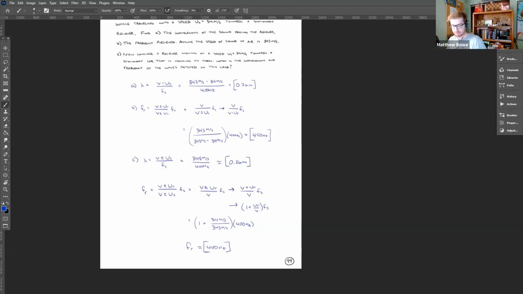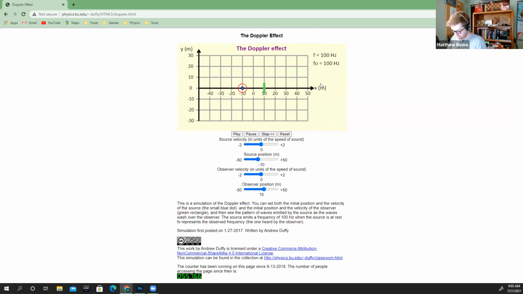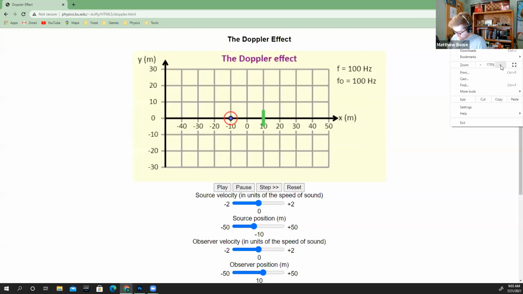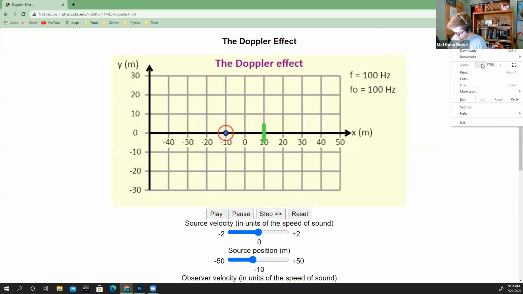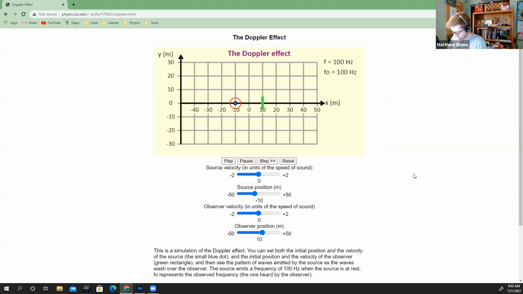Well, I still had to draw some pictures. Let me take this, bring it over here. All right, so we have the Doppler effect simulation.